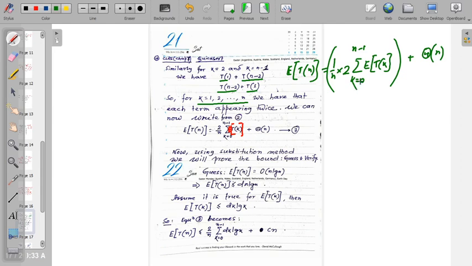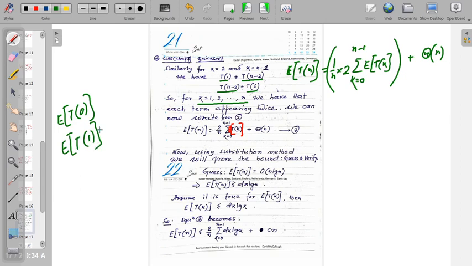Now if I unfold this summation, then k equals to 0 gives the expectation of T0. k equals to 1 gives the expectation of T1.